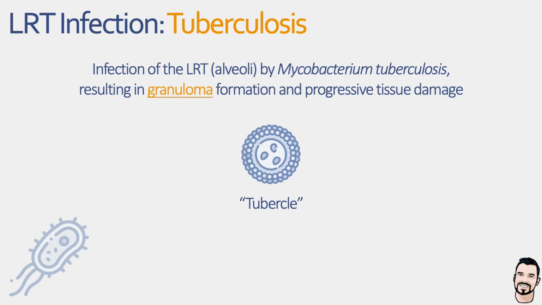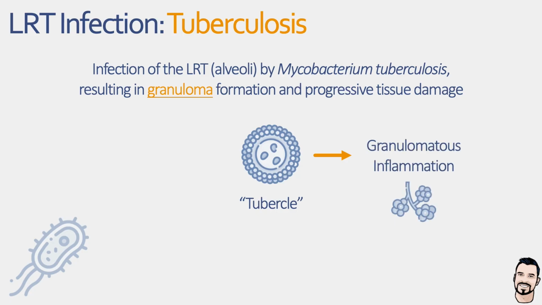Now, the main pathological feature of TB infection is granulomatous inflammation of the alveoli by the tubercle. This is essentially tissue damage caused by sustained inflammation and the production of reactive oxygen species, reactive nitrogen species, and proteolytic enzymes, all of which damage the surrounding lung tissue.